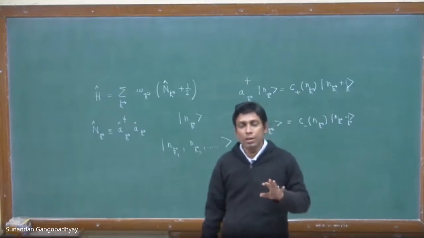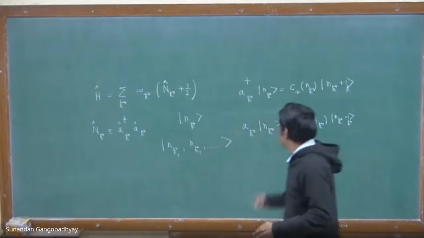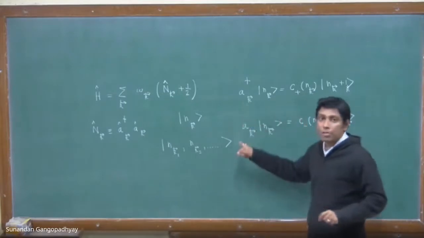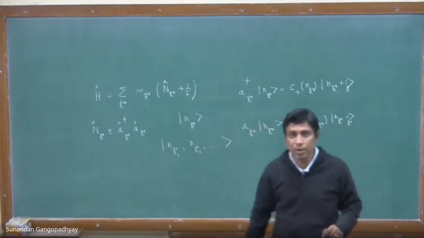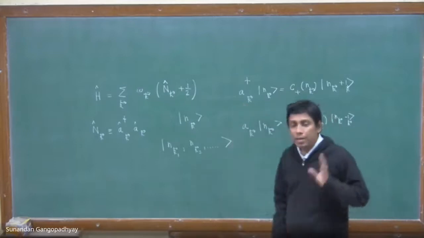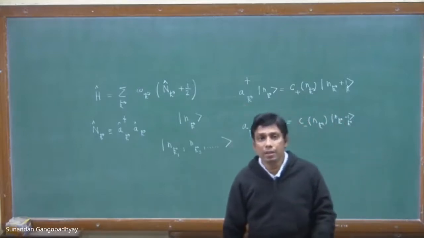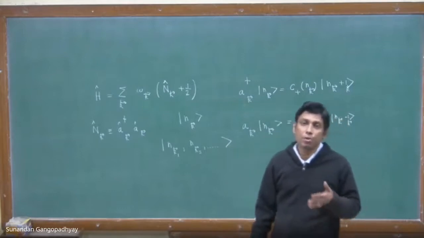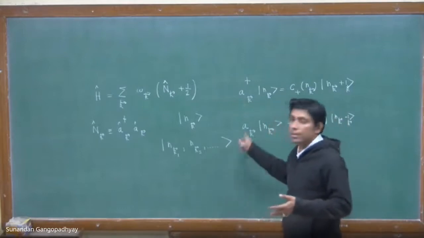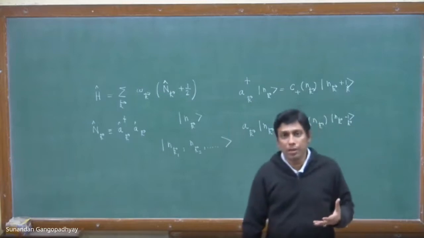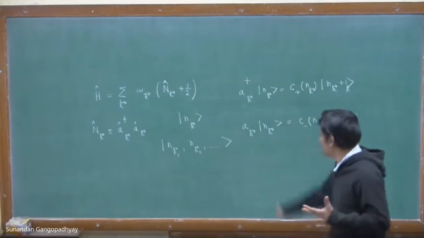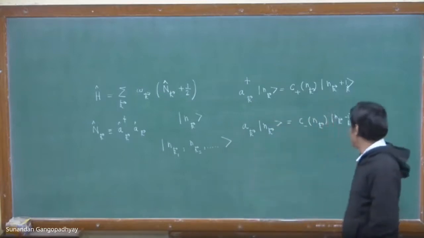It is a theory of one particle. But here, the interpretations of a and a dagger are quite different. When a dagger acts on some number representation state, it basically creates particles. So it is a creation operator for particles. And this is a destruction operator for particles. That is why it annihilates. So we say that it's an annihilation operator for the particles.